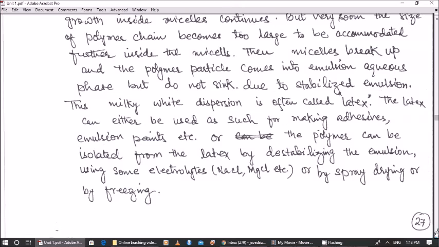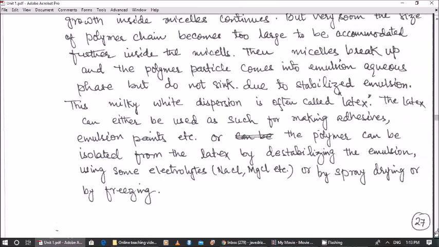So latex is basically an aqueous emulsion containing very fine particles of solid polymer. The latex can be used as such for making adhesives, emulsion paints, etc.